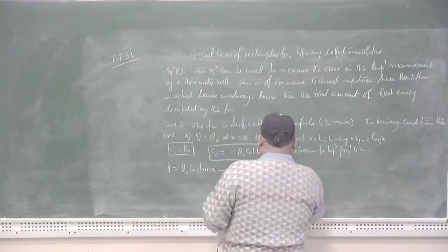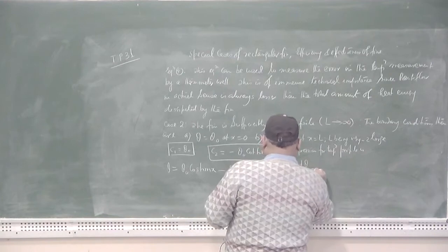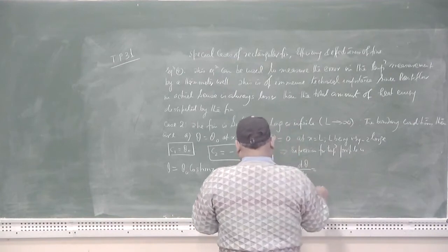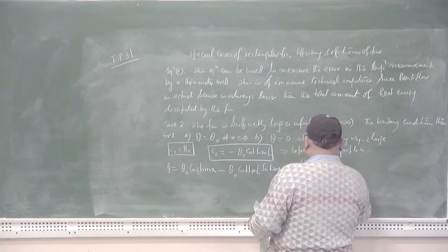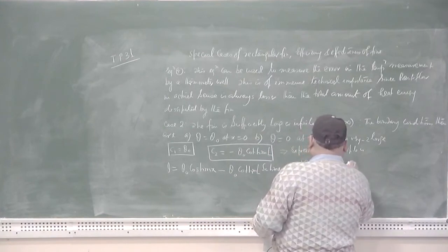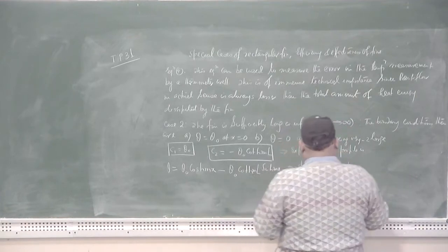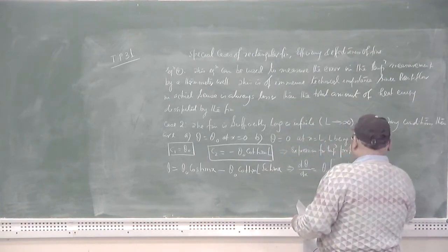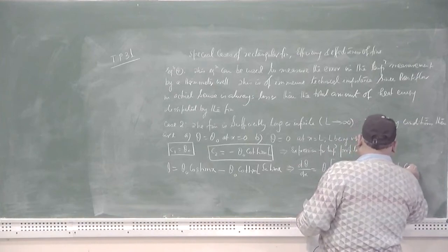So, the value of d theta upon dx is equal to theta 0 m sinh mx minus m cot hmL cosh mx.